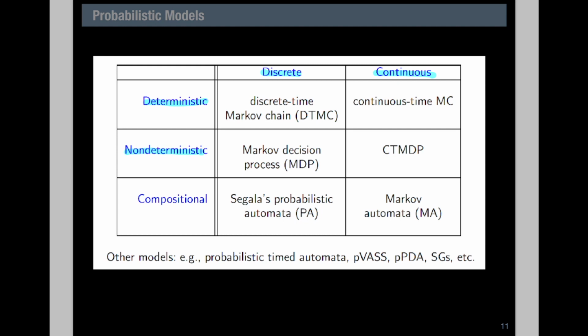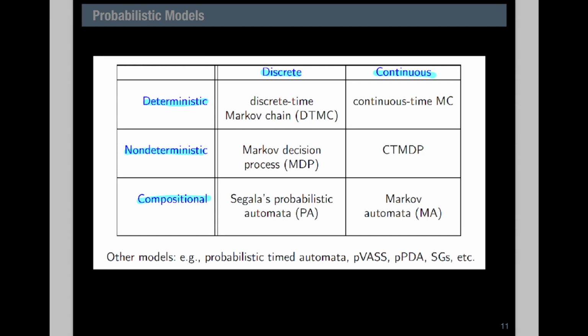There are models that combine non-determinism with probabilities, and then you end up in models like Markov decision processes, very popular in planning and also to model randomized distributed algorithms, and continuous time versions of it, and then we talk about CTMDPs.